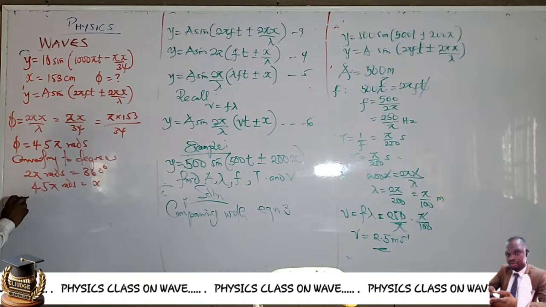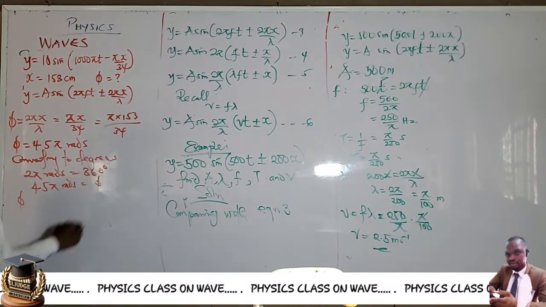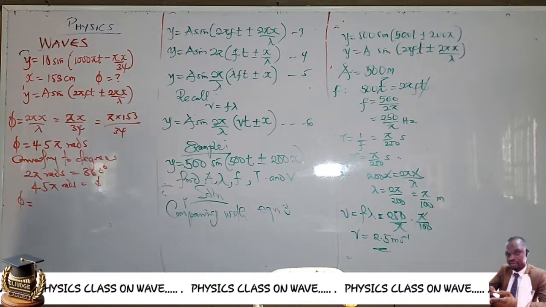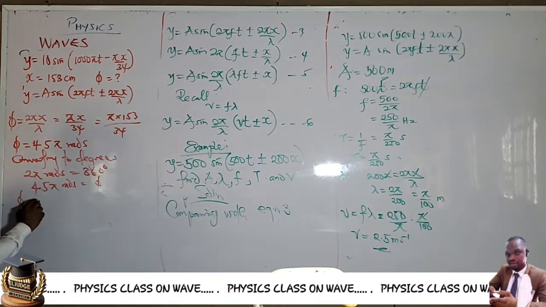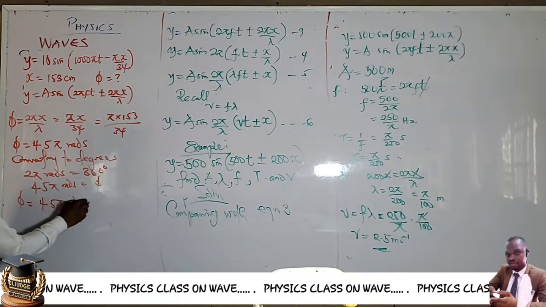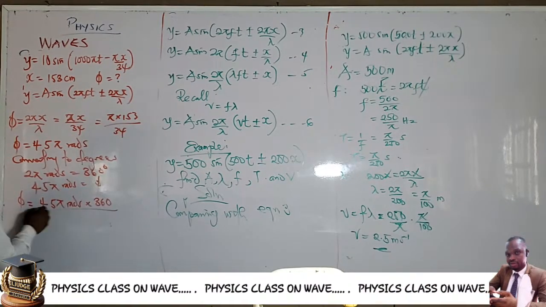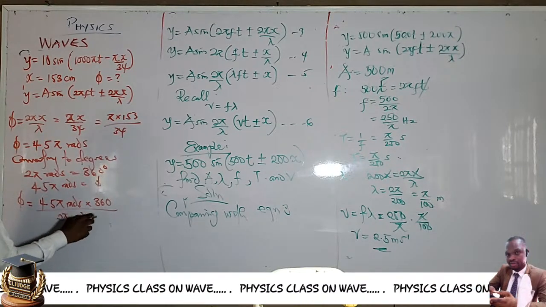So our phi in rad, when you do this, you have 4.5 pi rads times 360 over 2 pi rads.